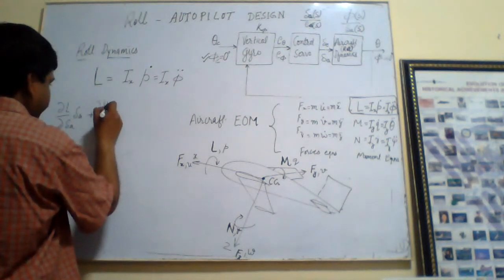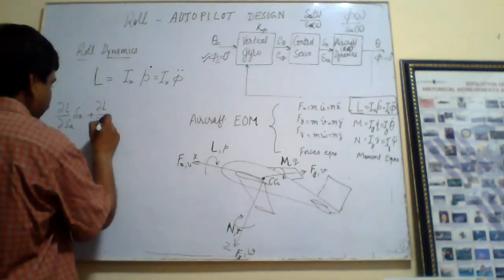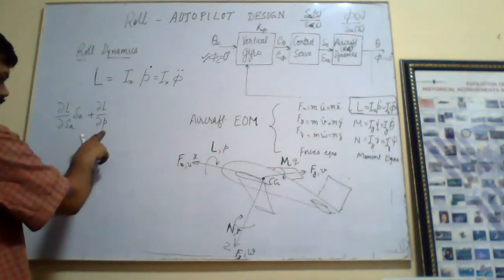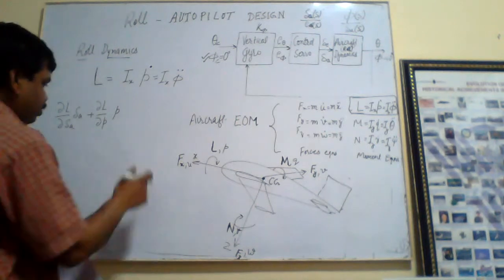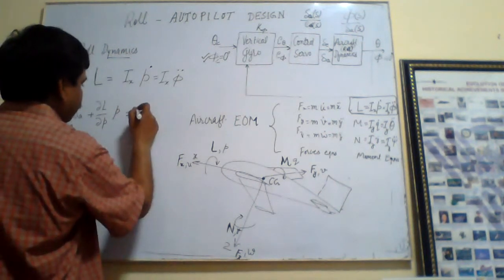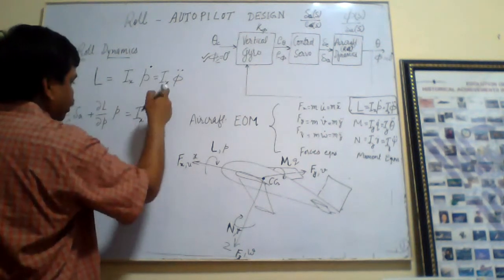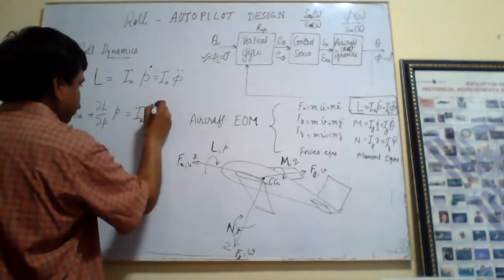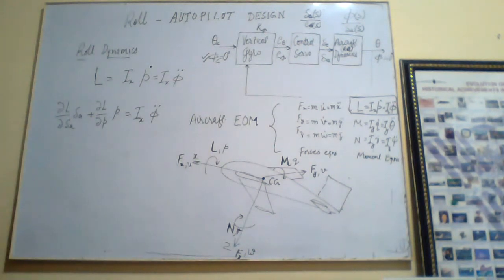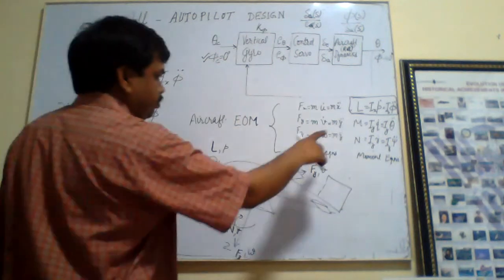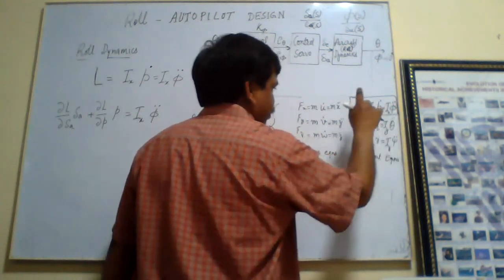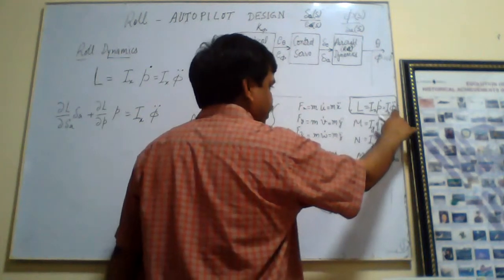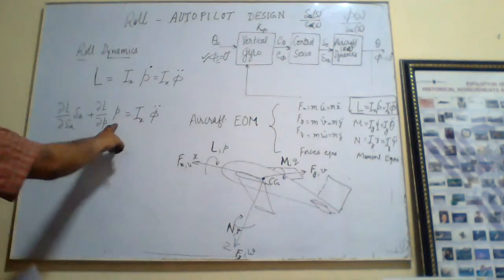So that is del L by del P, the roll rate, into P, which is equal to, of course, Ix into phi double dot. Now P is equal to phi dot, and P dot is equal to phi double dot. So I can replace this.